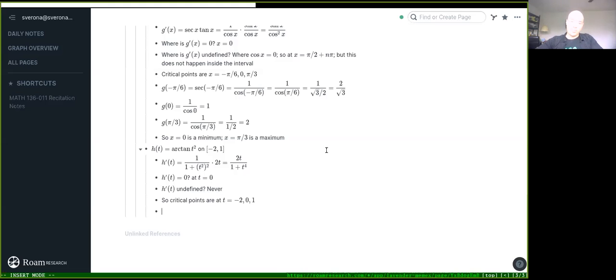So here's what I know. Two of these I can do offhand. H of 0 is going to be arctangent of 0, and I know that's 0. H of 1 is going to be arctan of 1, and I happen to know that's pi over 4. So now what about minus 2? Well, that's going to be arctangent of minus 2 squared, which is 4.